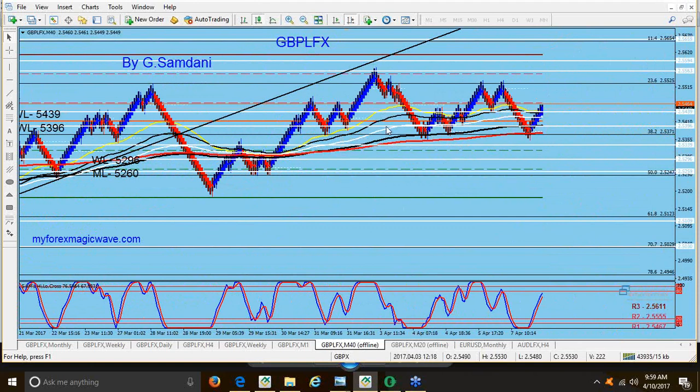This white, black, and yellow are aligned towards the upside and above the red line, so it's bullish. Right now, this indicator is going to the upside, and the candles are blue. So they can be just going into this area right now, and that will finish our ending butterfly in euro pound. And from there, it may drop.